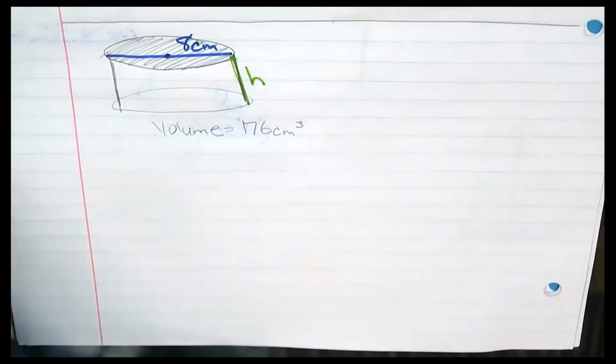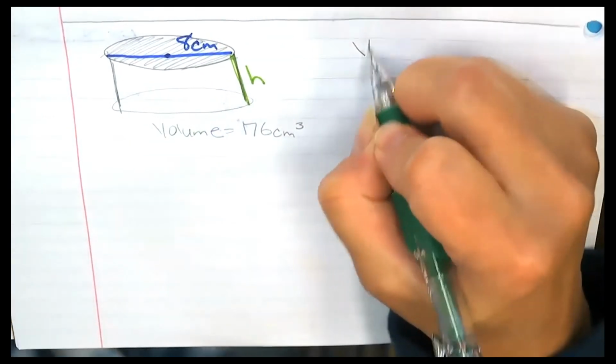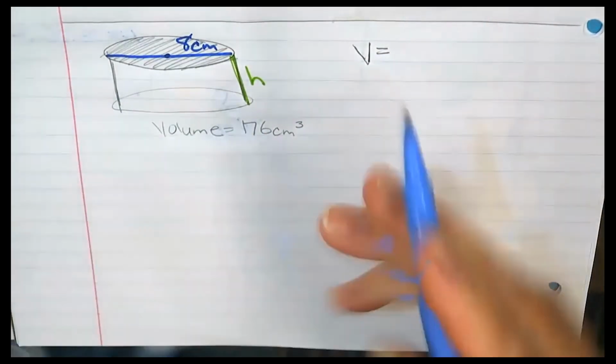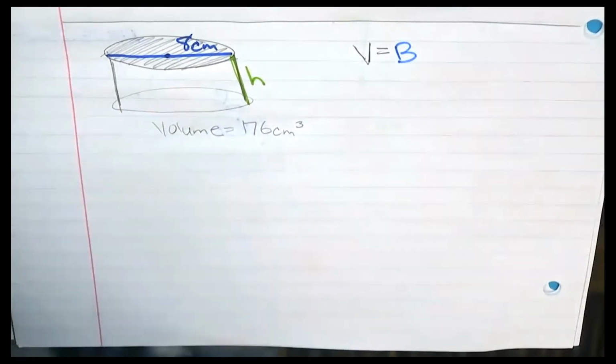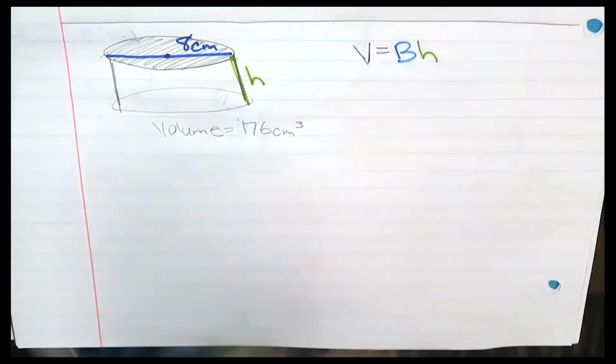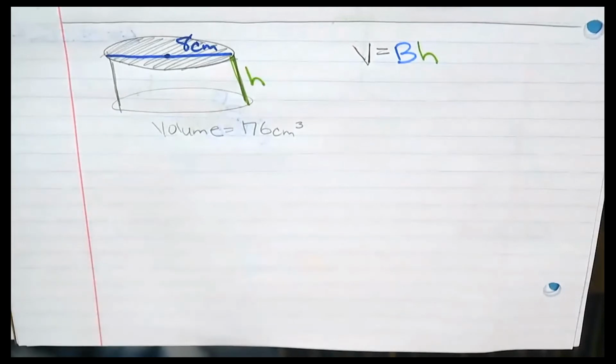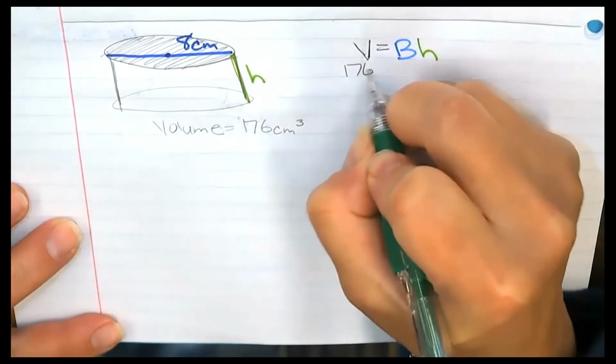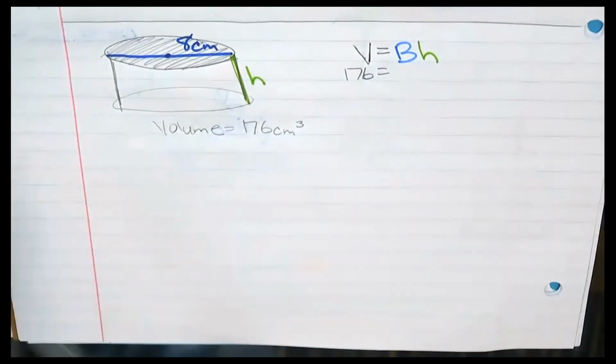Okay, we actually can do this. We're going to work it backwards. We know that the volume is equal to the base times the height, right? Well, they're giving us the volume. The volume is 176.